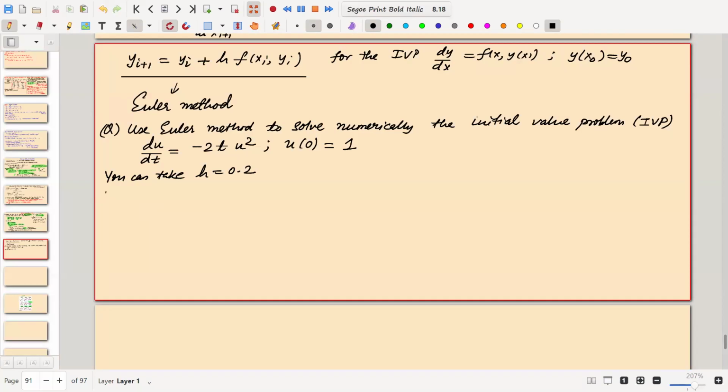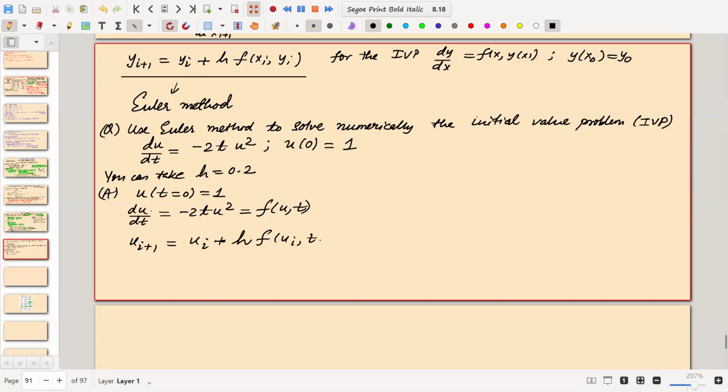So what will you do? You know u at t equal to 0 equals 1. What is the Euler method? You know du/dt equals minus 2t u square, and that is equal to f of u, t. The method is u(i+1) equals u(i) plus the step size h times f of u(i), t(i).